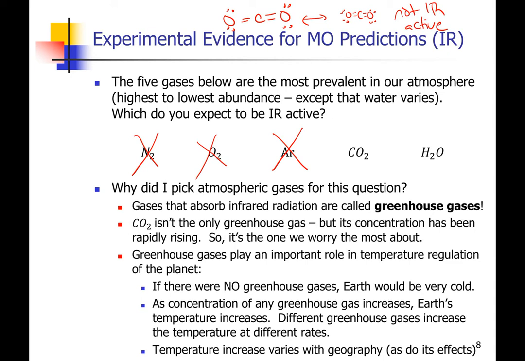But if, and boy do I wish you could see my hands moving around like a crazy thing right now, if I were to take my carbon dioxide molecule and stretch over to one side, like so, and then stretch way over to the other side, like so, and imagine vibration between those two extremes, that asymmetric stretch where one oxygen's getting farther, then it comes in, and the other oxygen gets farther, and then it comes in, and so on and so forth.